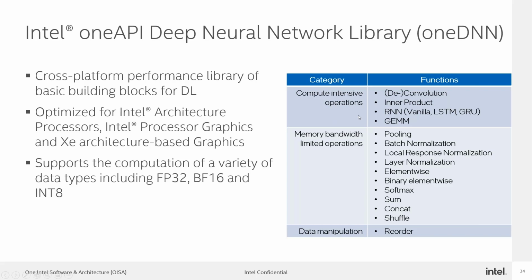OneDNN supports convolution, deconvolution, the inner product, RNN, like the vanilla RNN, the LSTM cell, the GRU, and it also accelerates the GEMM, the matrix multiplication.